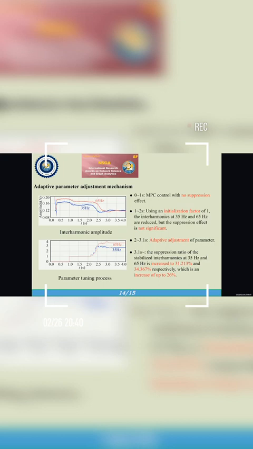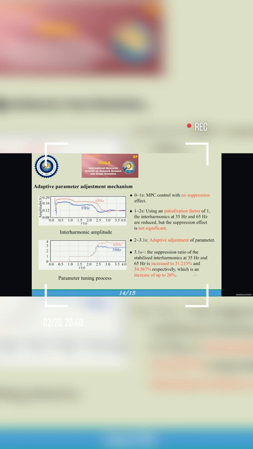In order to strengthen the suppression effect of specific interharmonics, the secondary interharmonics coefficient at 35 Hz and 65 Hz are adjusted using the parameter adaptive adjustment.